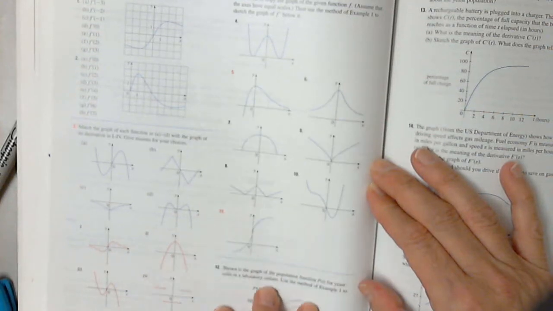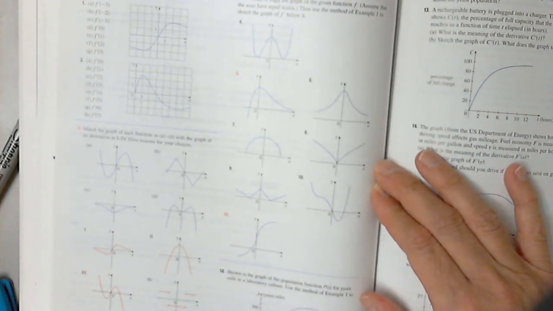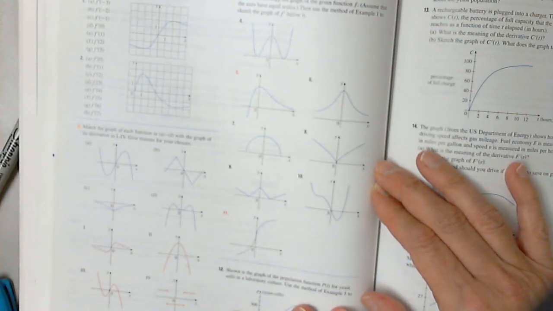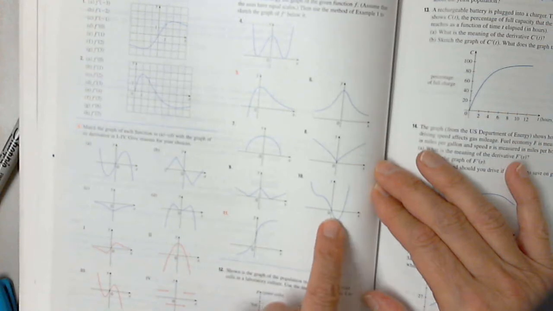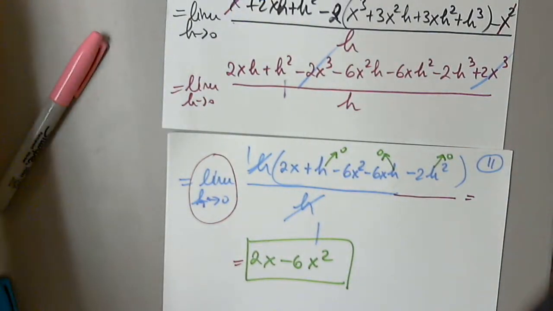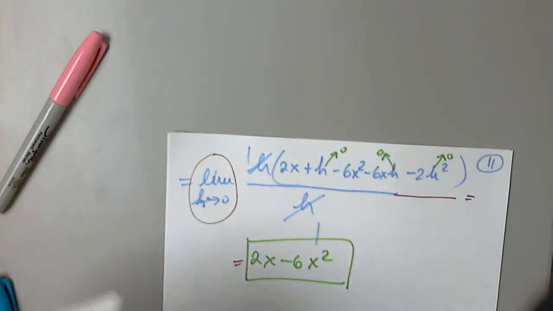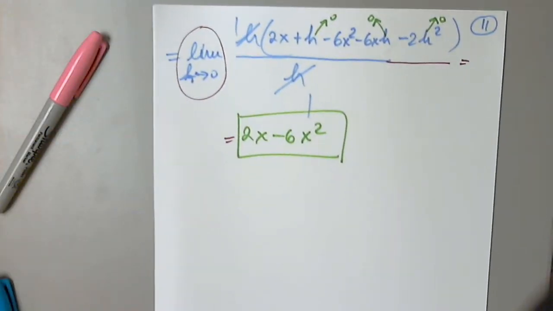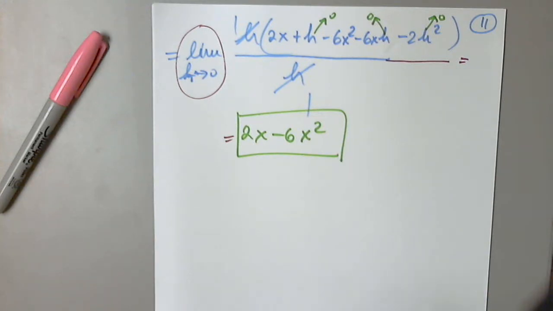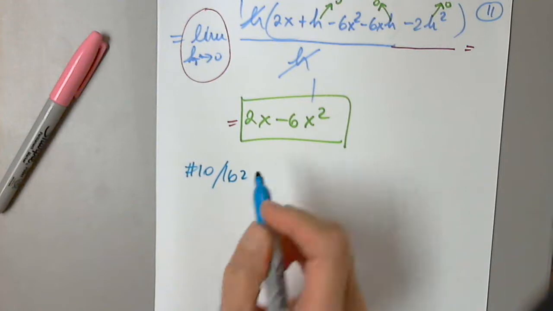And we are going to graph underneath it the derivative function. 10. 10 it is. Was that Chris? Or we should ban him next time. Just kidding. So we pick number 10 on page 162.